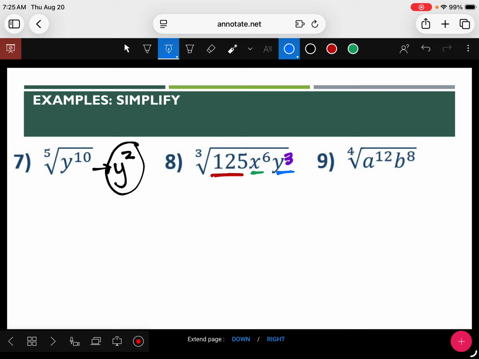We're going to separate them down. Each one stands alone. So I'm going to start with the 125. So I have the cube root of 125, and then I have the cube root of x to the 6, and then I have the cube root of y to the 3rd.